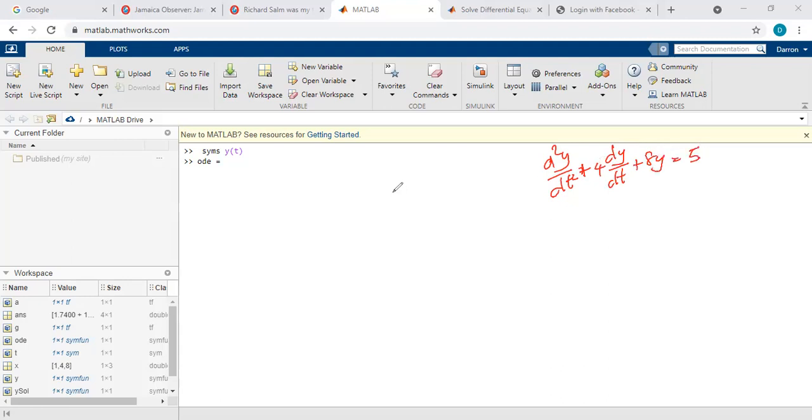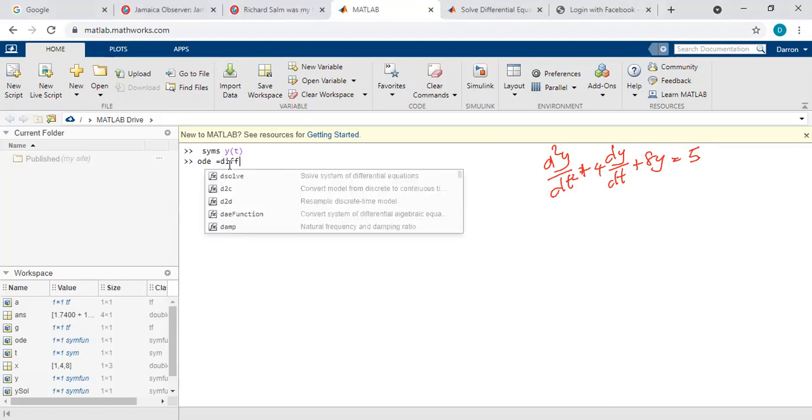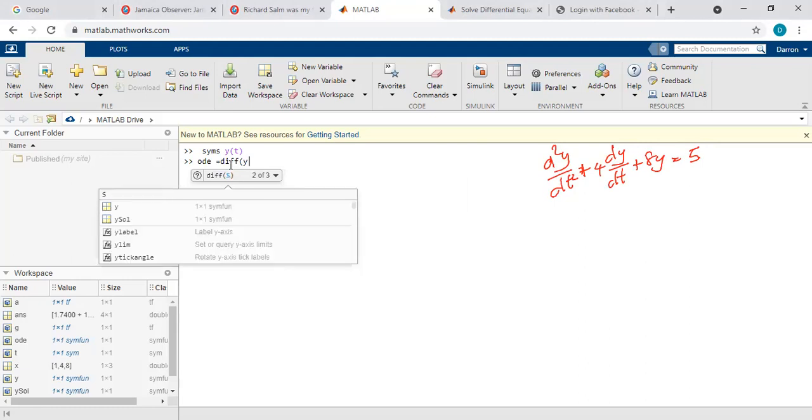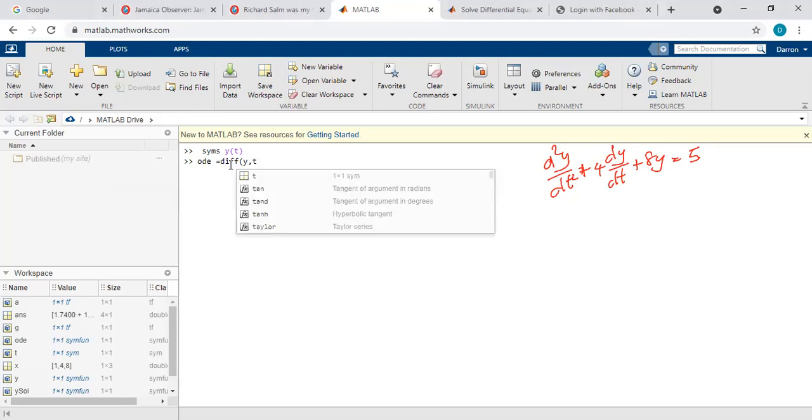So the first thing that we're going to write is the differential equation. We're going to write diff y comma t, and we're taking the second derivative, so put in 2.